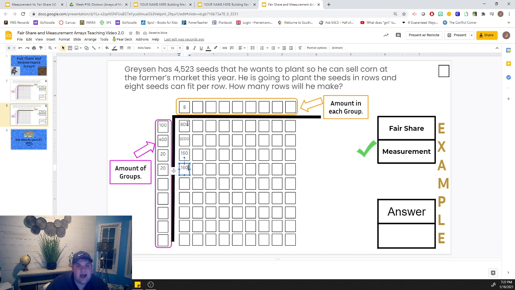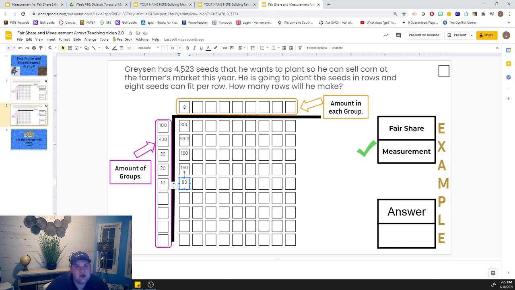So now I have 4,000 plus 160 plus 160 more. So I have a total of 4,320. I'm going to do 10 rows now. That's 80. So I had 4,320 plus 80 is 4,400.